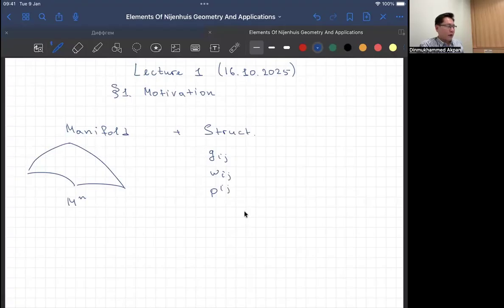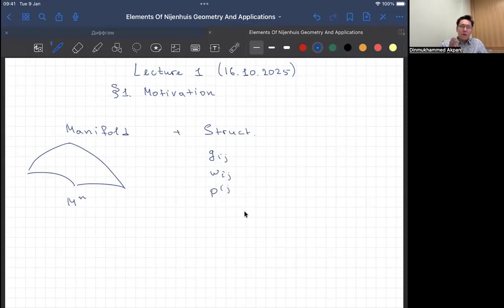If you have additional structures, there are Kähler manifolds, Riemannian manifolds, symplectic manifolds, complex manifolds, and other very beautiful directions in differential geometry. So differential geometry studies manifolds plus structures. And up to the change of structures, we can find some very important connections between these structures.